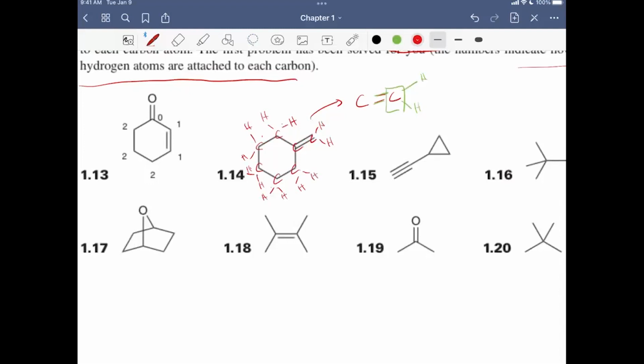Okay. And counting these up, we have 1, 2, 3, 4, 5, 6, 7, 8, 9, 10, 11, 12 hydrogens. All right. Pretty simple.